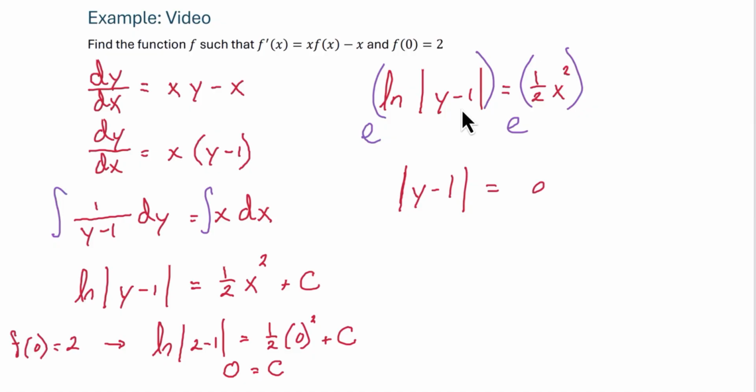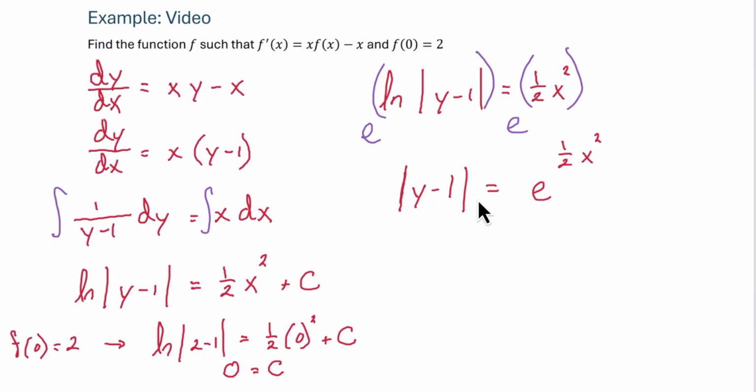The right side we have e to the 1/2 x squared. Notice that e to the 1/2 x squared is always positive. If you think about what the graph of that looks like, it's always positive. So that means this piece on the left side must also be positive.